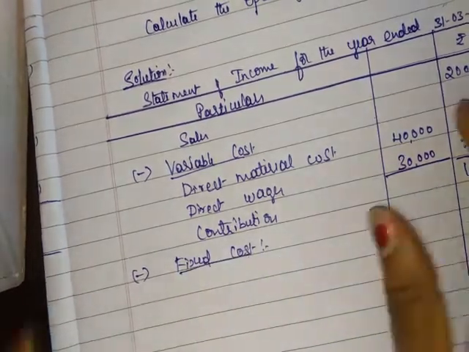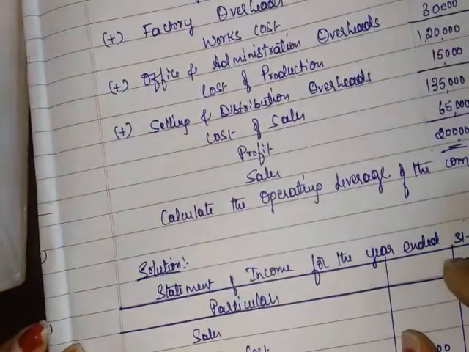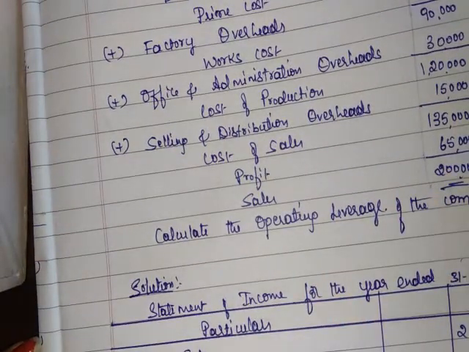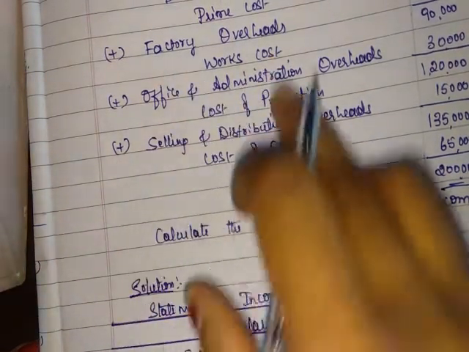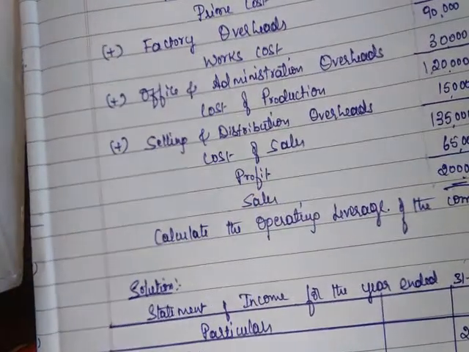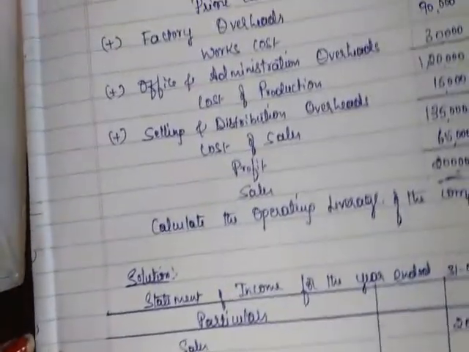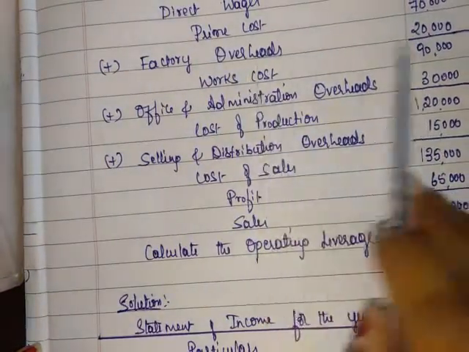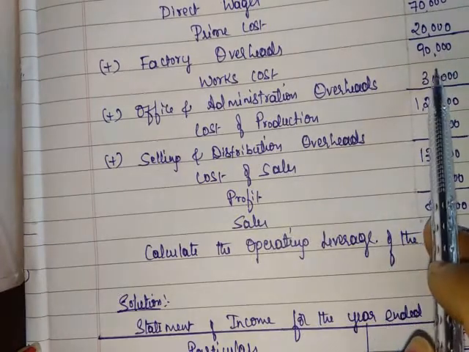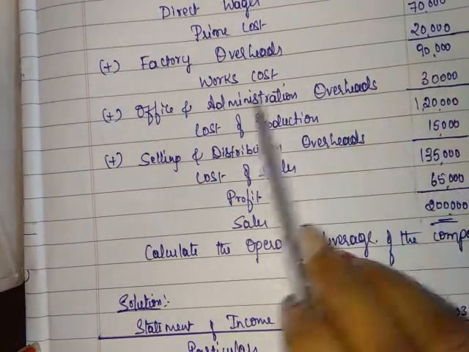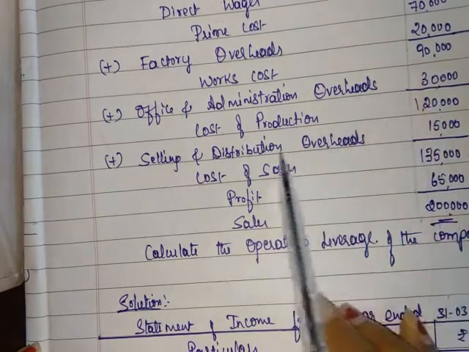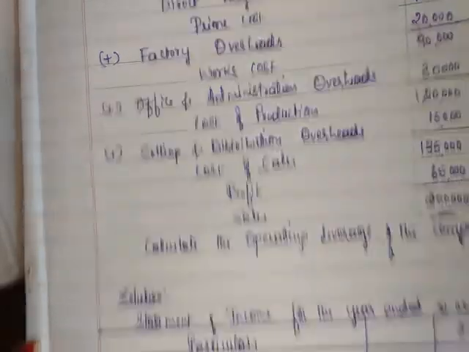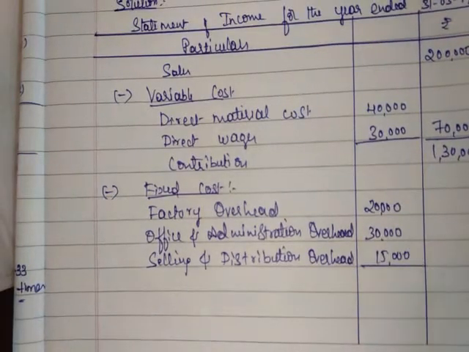From contribution, deduct fixed cost. Fixed cost: all the three overheads. If they had said variable, we would put it under variable, but here nothing is given, so we are assuming it is fixed. Factory overhead is 20,000, administration overhead 30,000, and selling and distribution 15,000.